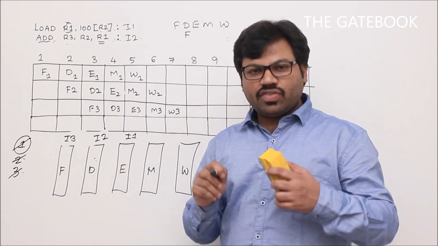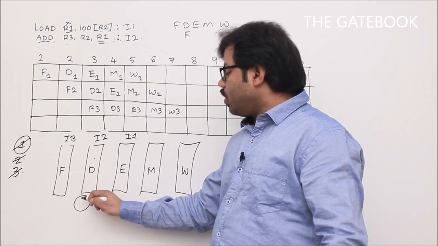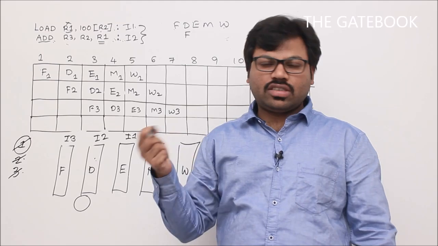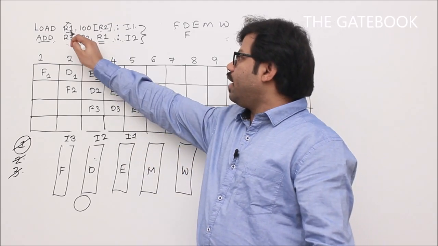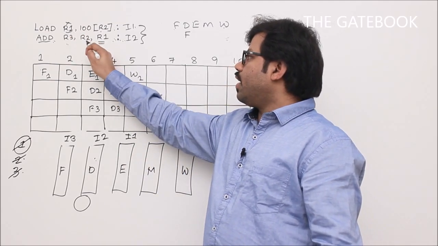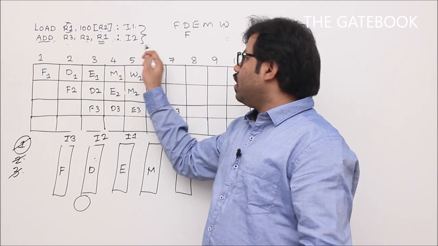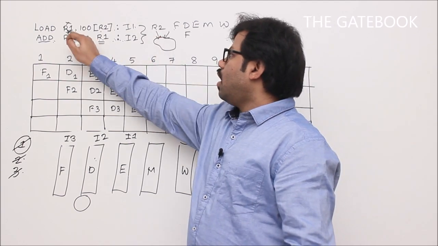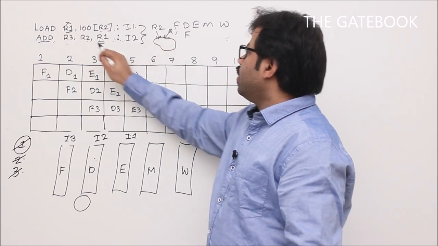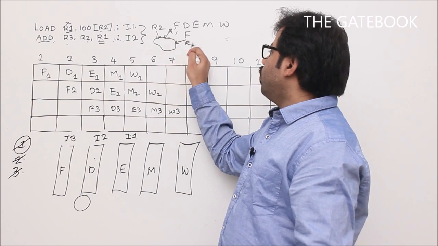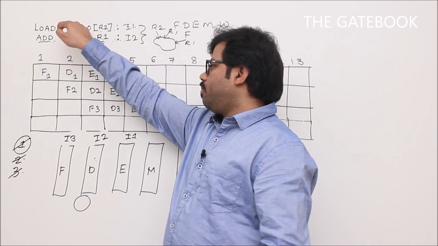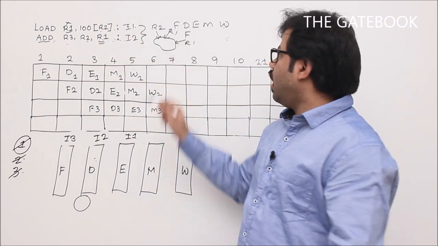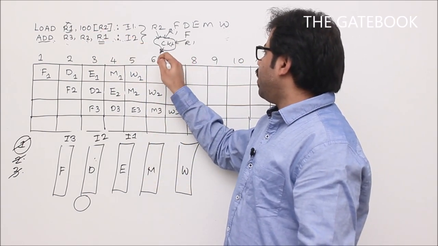Now after the end of the third clock cycle, assume that we have some extra circuit. That circuit will detect that there is a dependency between these two instructions. I already told you such a circuit can be designed, which will read the destination and the sources. It takes the input R1, R2 and R1, that means the first instruction's destination and the second instruction's source identifiers, and it can detect the dependency.